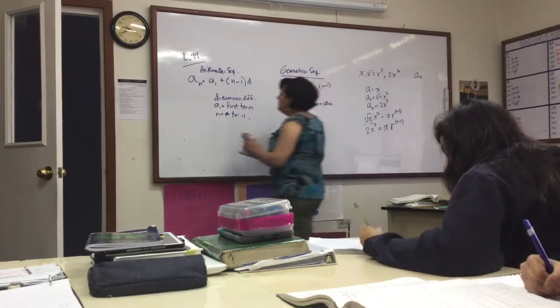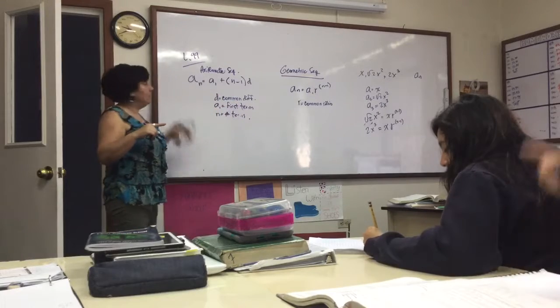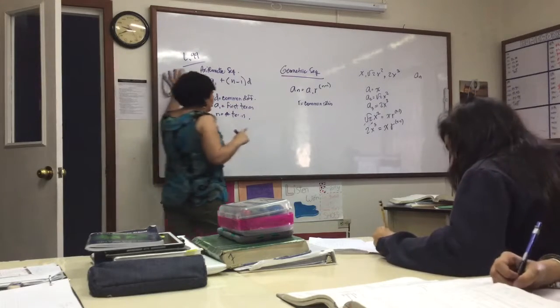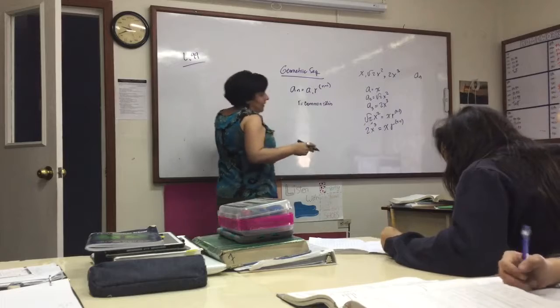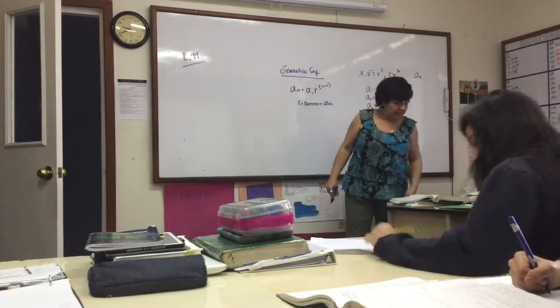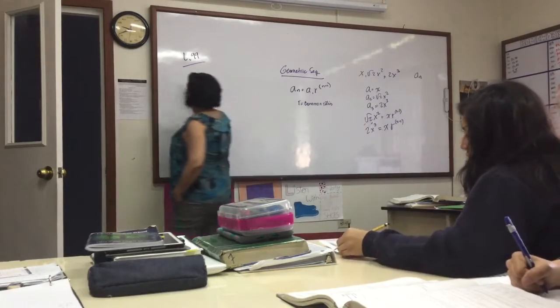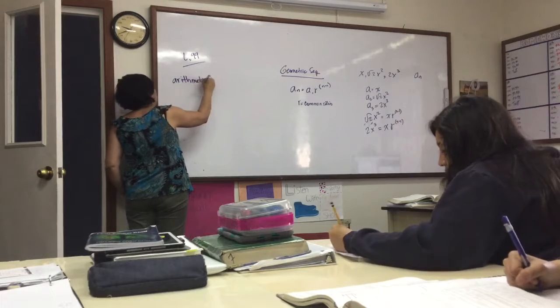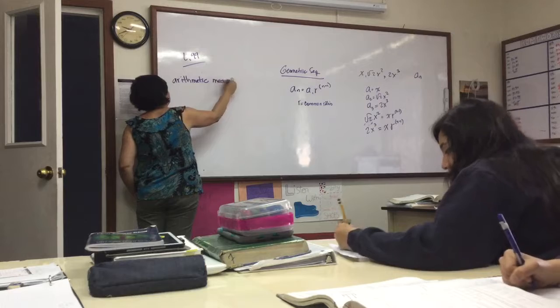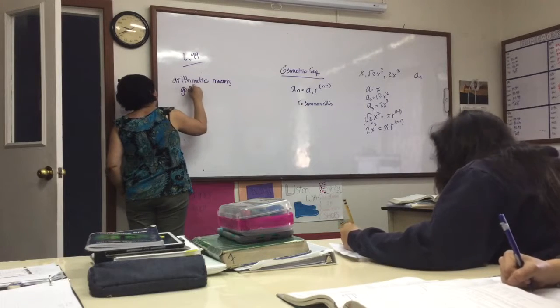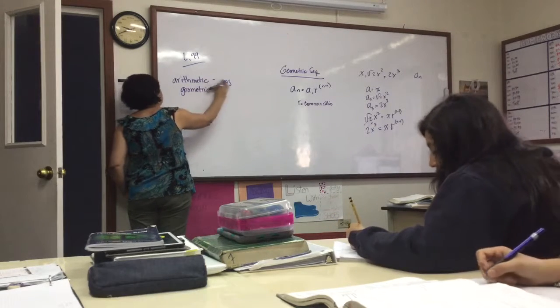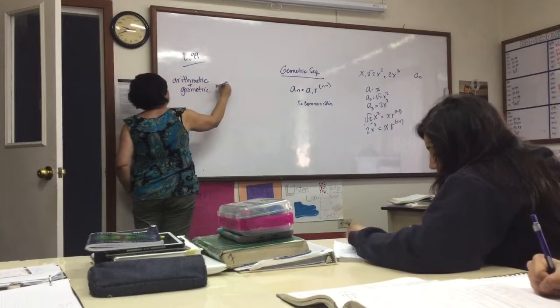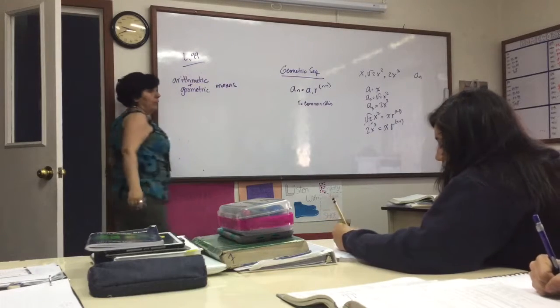Now, there's something called arithmetic and geometric means. If you remember anything of what I've taught, those are the ones in the middle, right? The means are the ones that are in the middle.